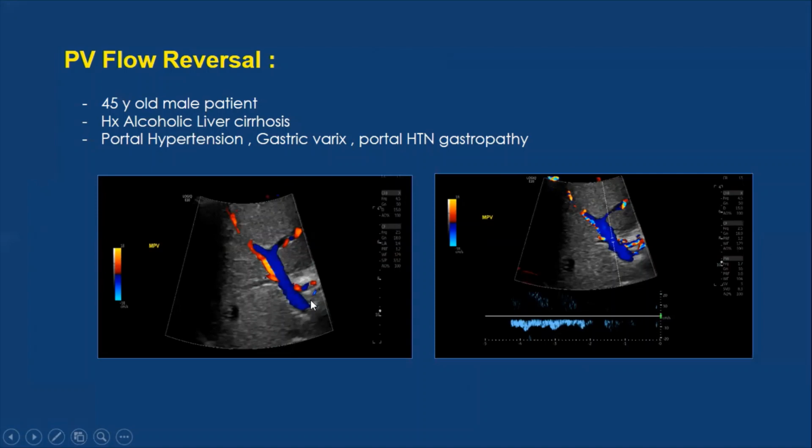But in this case it's blue, so it's coming away, so it's reverse flow in the portal vein, and I can see the same thing here when using the spectral waveform. So this is a reversal of flow in the portal vein in a case of portal hypertension.